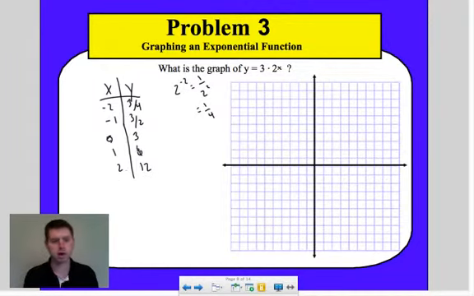You won't be able to plot all those, but at least it'll give you some coordinates to go by. 0, you're up 3. 1, you're up 6. 2, you're going to be up here at 12. Okay, but -1, you're up at 1.5, and -2, you're at 3/4, and we keep going that way.